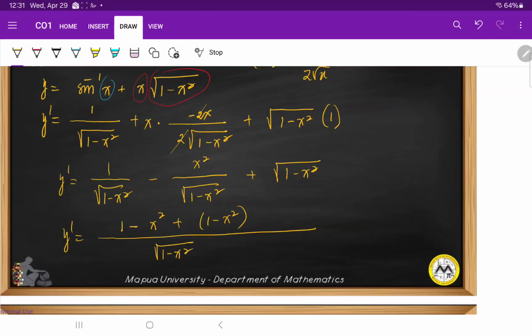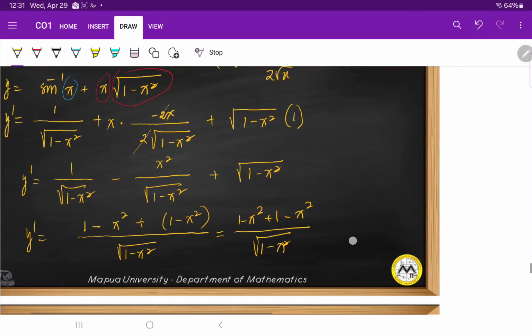The square root of 1 minus x squared times the square root of 1 minus x squared is 1 minus x squared. And if we simplify, this becomes 1 minus x squared plus 1 minus x squared over the square root of 1 minus x squared.